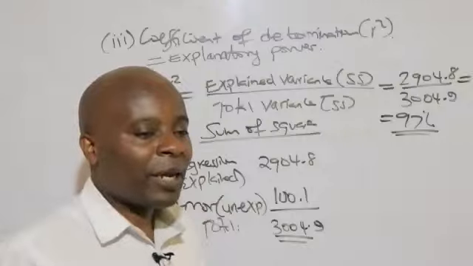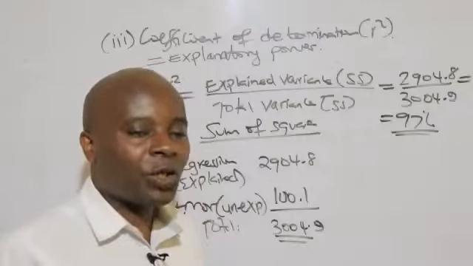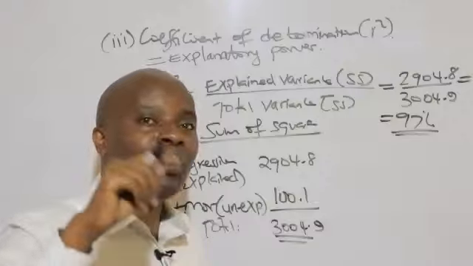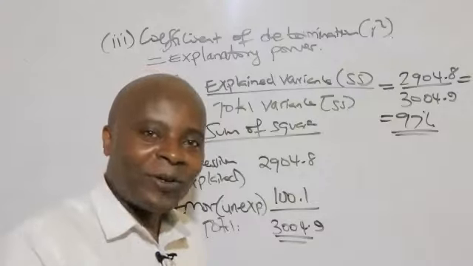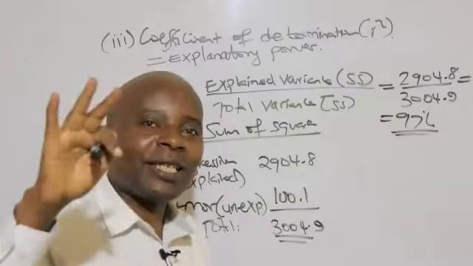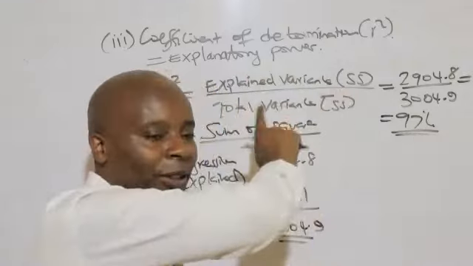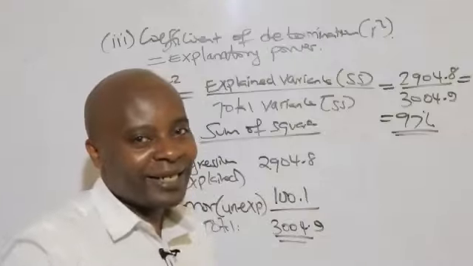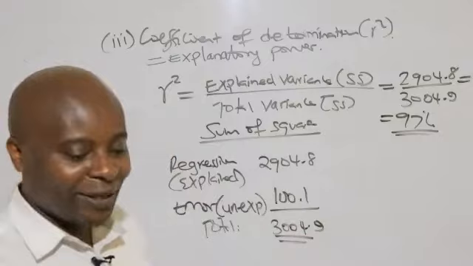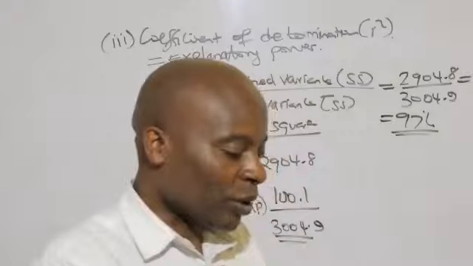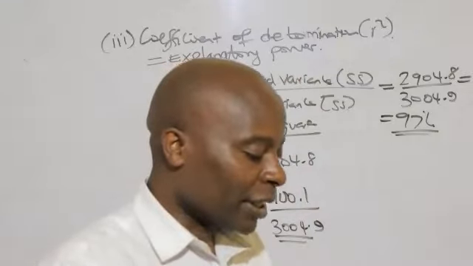In terms of explanatory power, in terms of explaining changes of the response variable y, this model is very good. It's only 3% which cannot be accounted for by this model. 3% is neither here nor there.